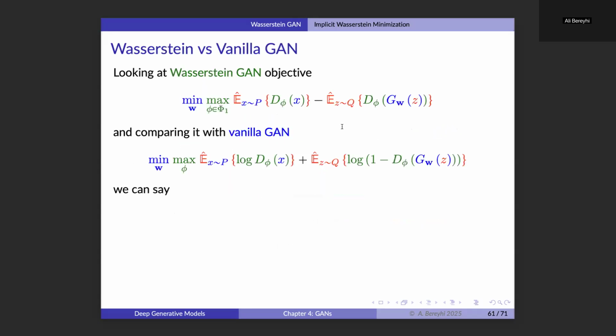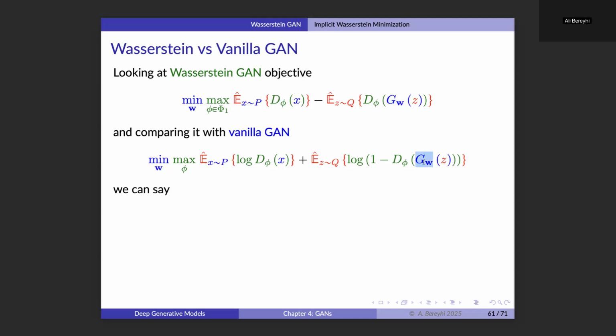Now, to give a summary of the differences between the Wasserstein approach and the vanilla approach in GAN, if you look at these two approaches here, the upper one is the Wasserstein, the lower one is the vanilla GAN. You can see that we always have a discriminator and generator, right? This is why we call all of them GAN.